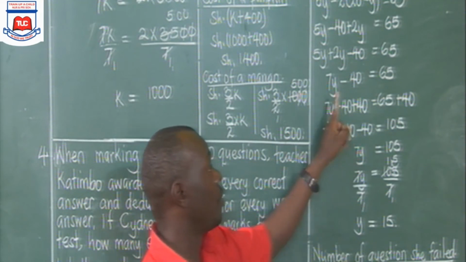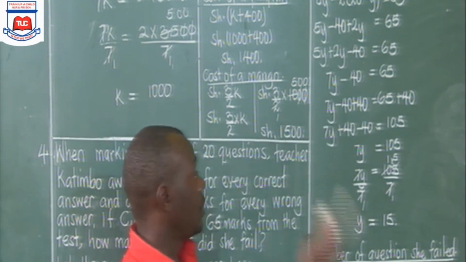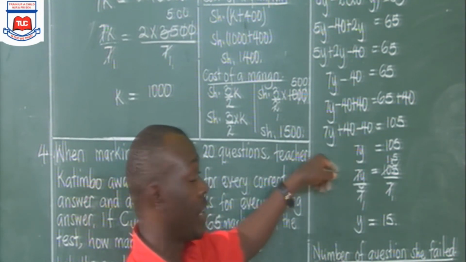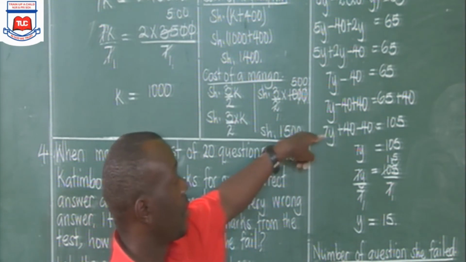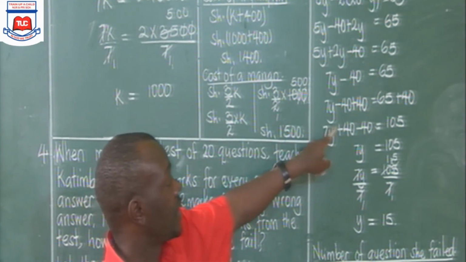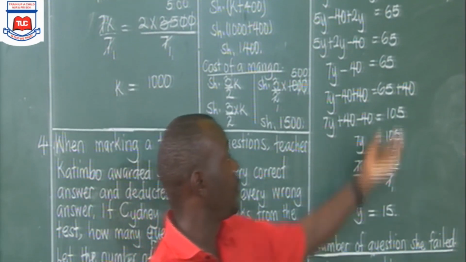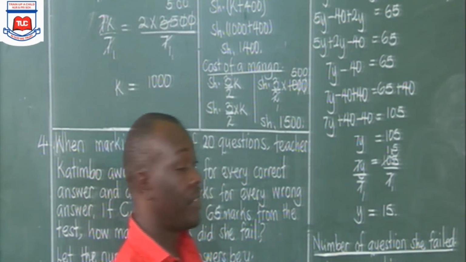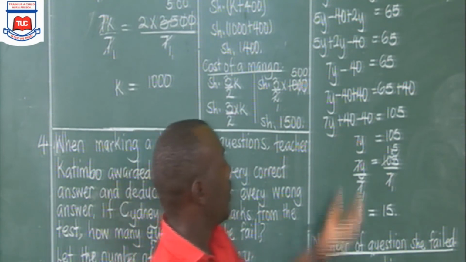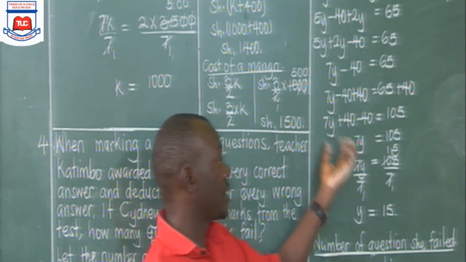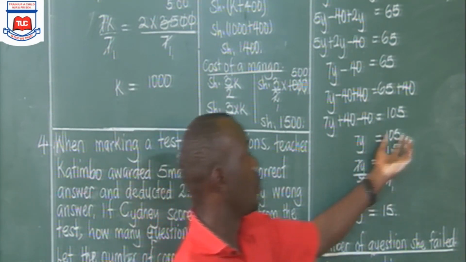After interchanging, 7y plus 40 minus 40 equals 105, from the 65 and 40 added. Now 40 minus 40 is 0. This side I have 7y, which equals 105.